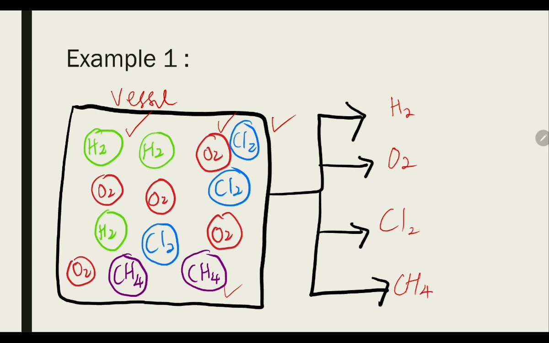So four different gases mixed in the same container, which we mostly call a vessel. P total of this vessel is equivalent to the partial pressure of hydrogen plus the partial pressure of oxygen plus the partial pressure of Cl2 plus the partial pressure of methane, CH4.